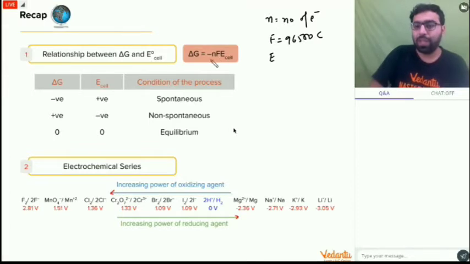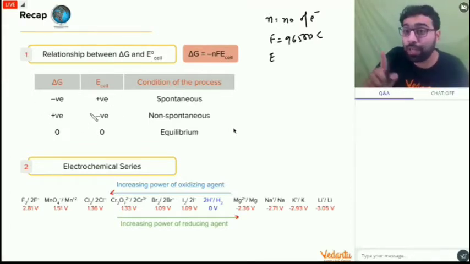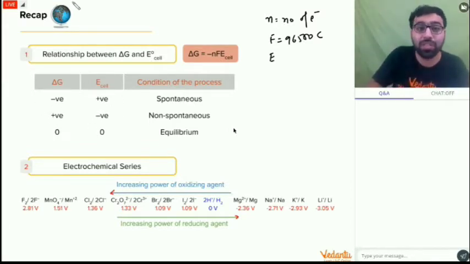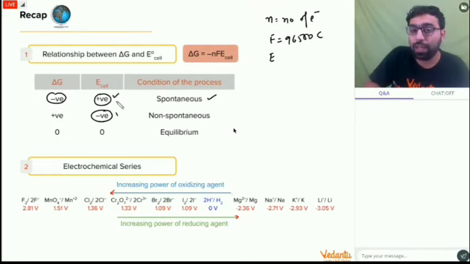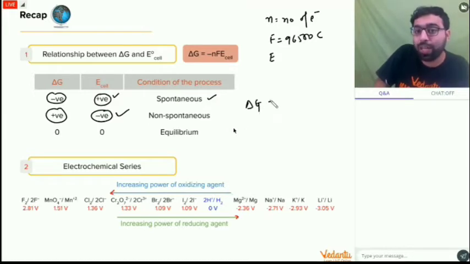There were these three conditions, very important guys. Today there will be questions based on these conditions. If E cell is positive, then delta G is negative. We saw it is spontaneous. For a spontaneous reaction, E cell should be positive. If E cell is negative, then delta G becomes positive because the delta G formula is minus nFE; negative and negative becomes positive.